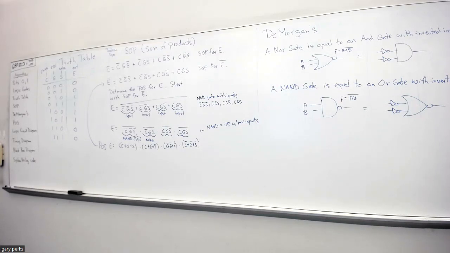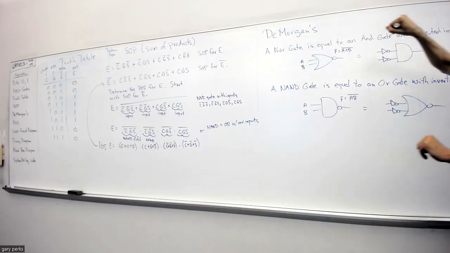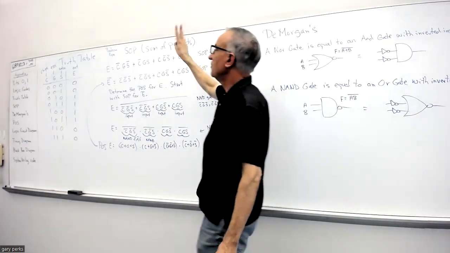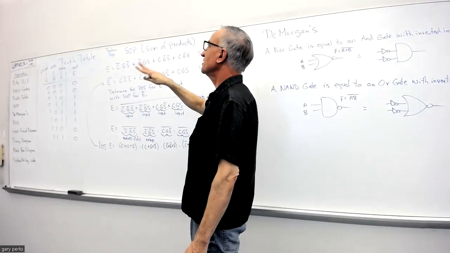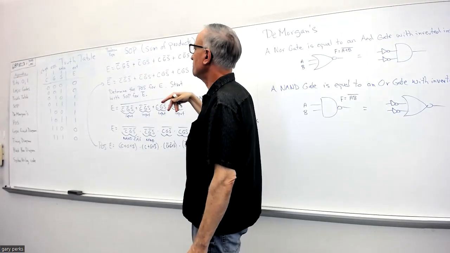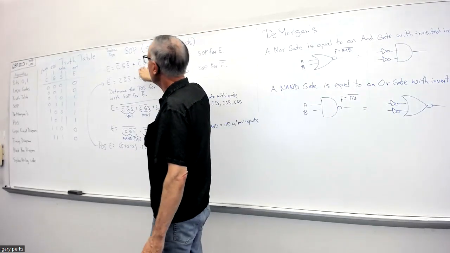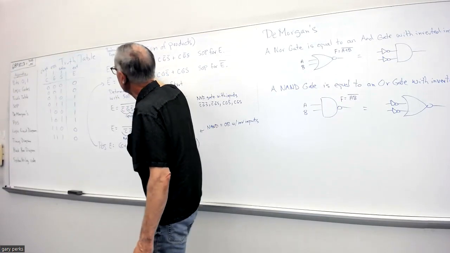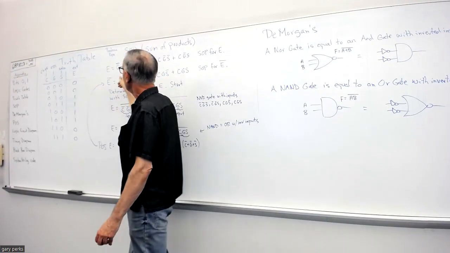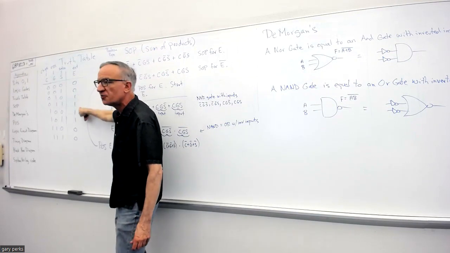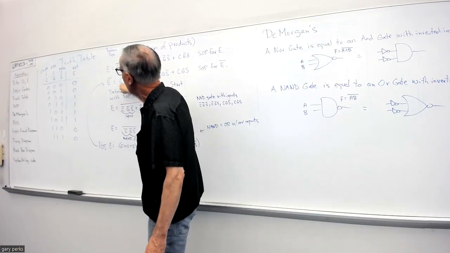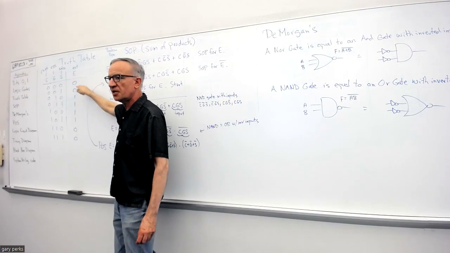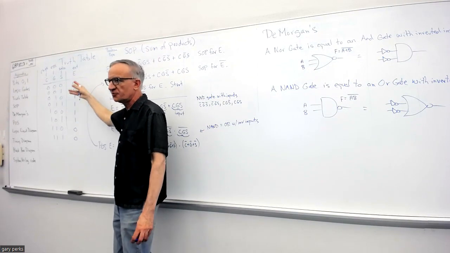Maybe I'll rephrase the question. Well, let me try to answer your question in multiple parts, because I think it's a multiple part question. The first thing is, and I think you said this, that this equation is coming directly from the truth table. This is coming from where we see the one. This SOP for not E is coming from the truth table also, just the 0, okay?